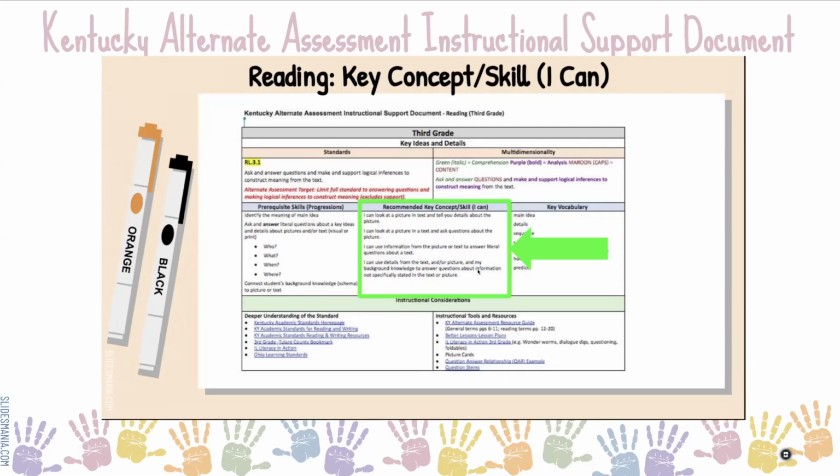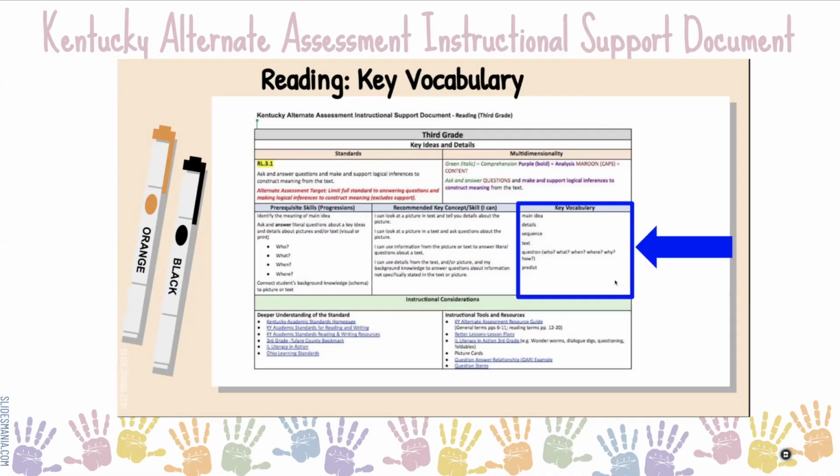Here are some targets that would help, just student-friendly targets for you here. Of course, this is not an exhaustive list, but that's some that you can get started on that will give you some ideas. And then you have the key vocabulary for each one of them.